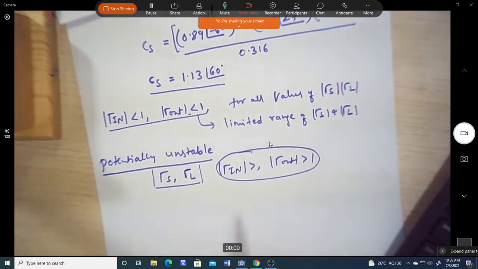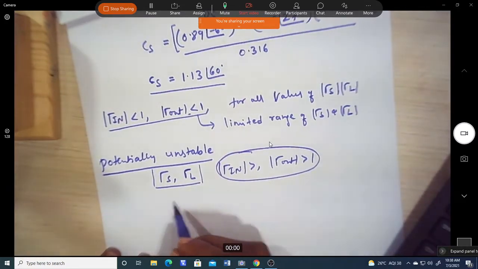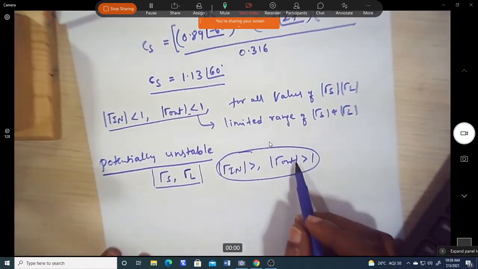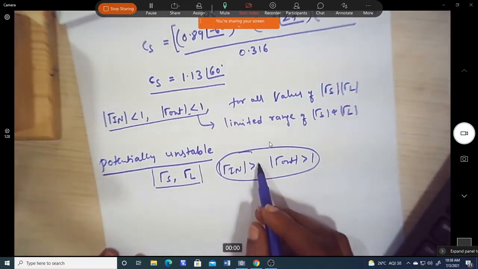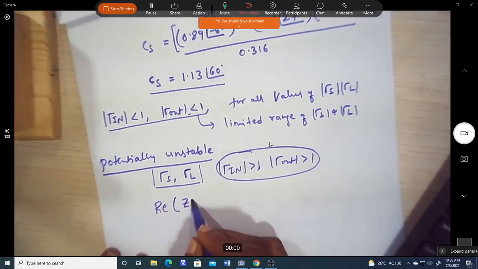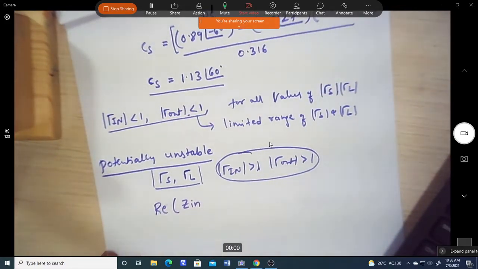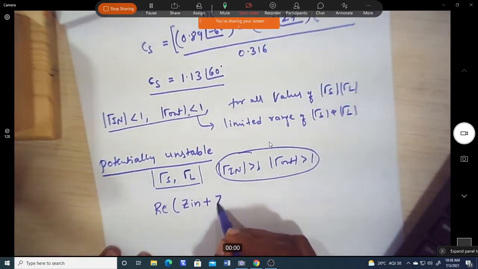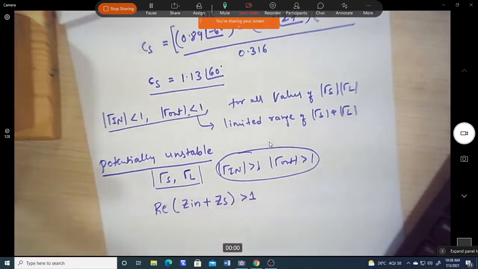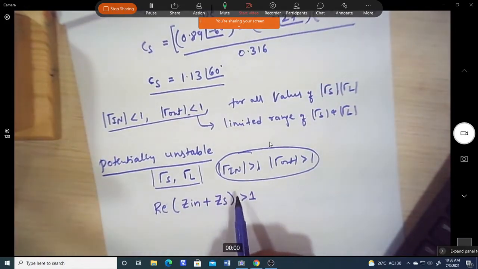Okay, so to bring the input reflection coefficient and output reflection coefficient to less than 1, we need the input impedance R in, along with whatever Z S, to be greater than 1. This is a condition we need to satisfy in order to get unconditional stability for the potentially unstable cases.